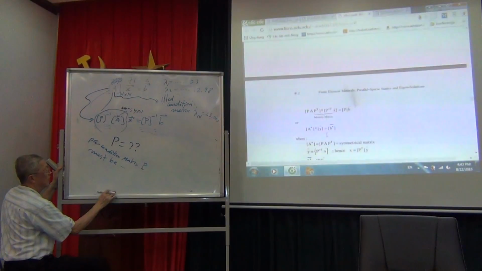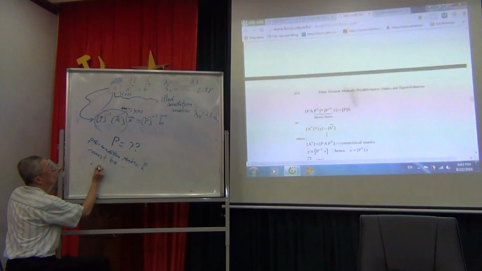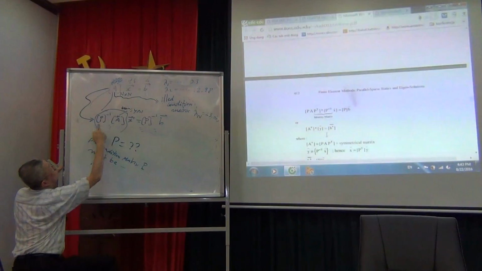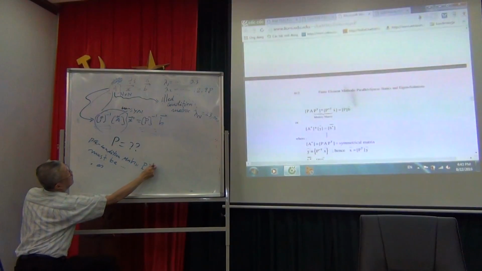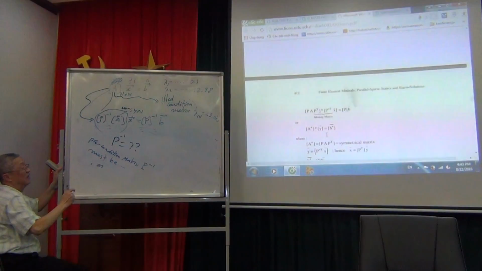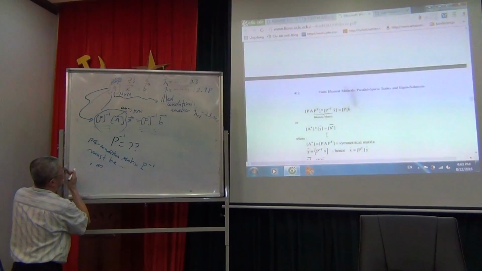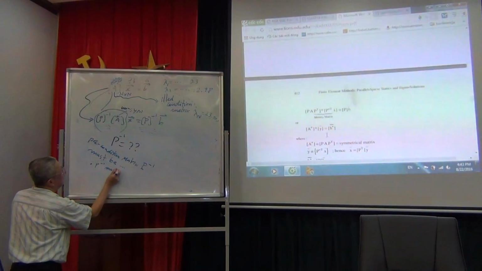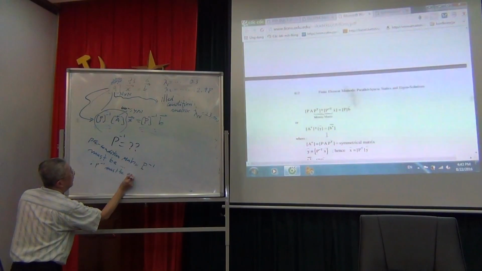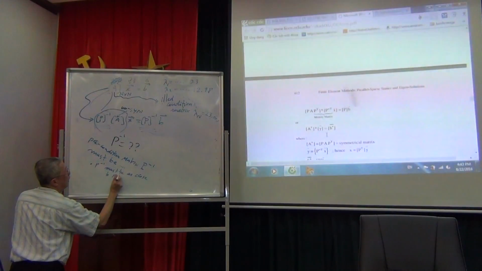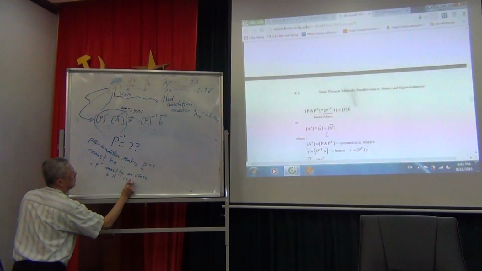Number one is how to find out the precondition matrix P inverse, because we're talking about P inverse here. P inverse must be as close to A inverse as possible.